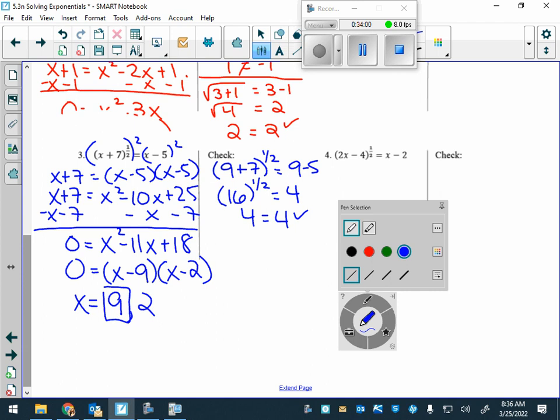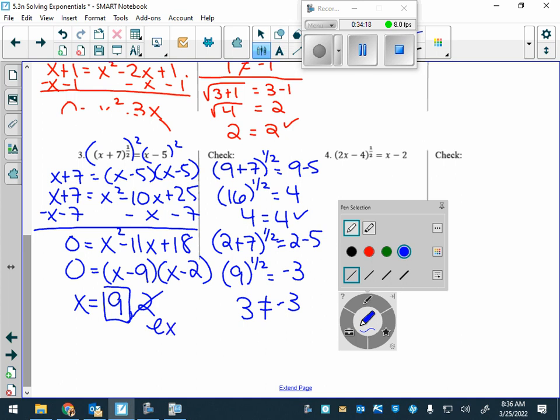Now I'm going to check 2. 2 plus 7 to the 1/2 is 2 minus 5. 9 to the 1/2, square root of 9 is 3. 3 does not equal negative 3, so therefore 2 is extraneous. Okay, how many of you found that? I know some of you were still working through it. Any questions?